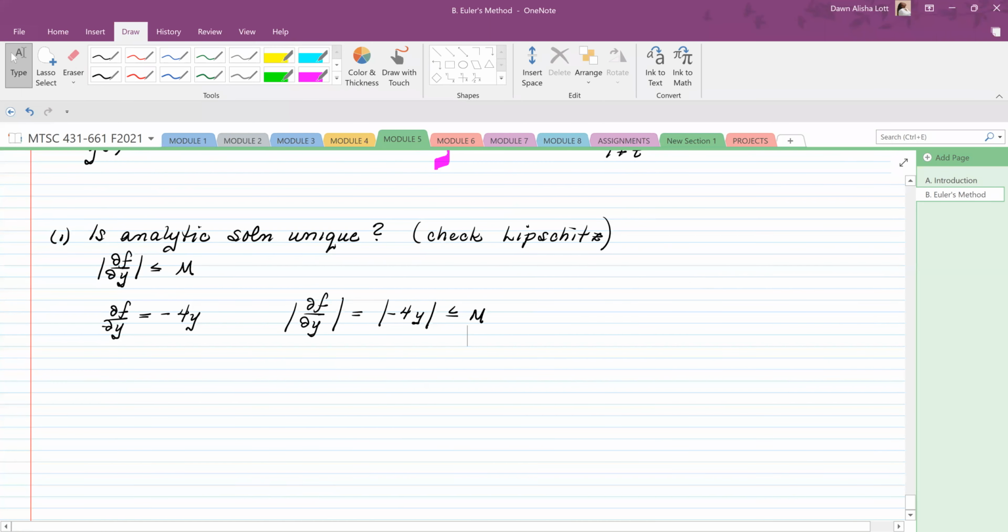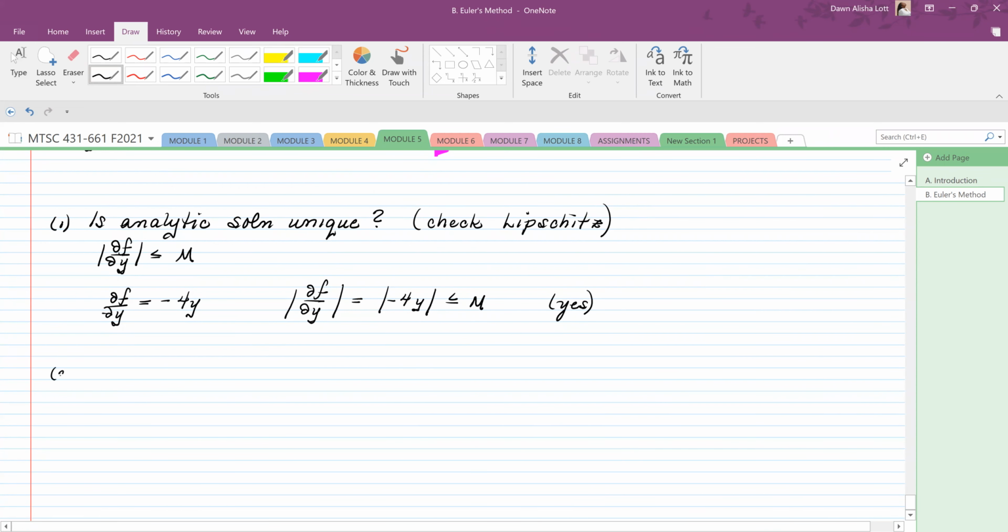So yes. All right. Is the analytic solution stable? Well, we need to check that the partial of f with respect to y is less than or equal to 0.